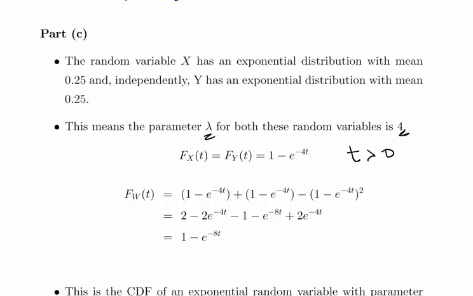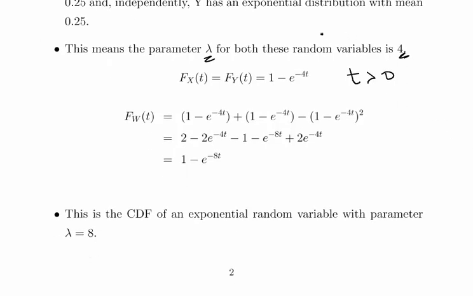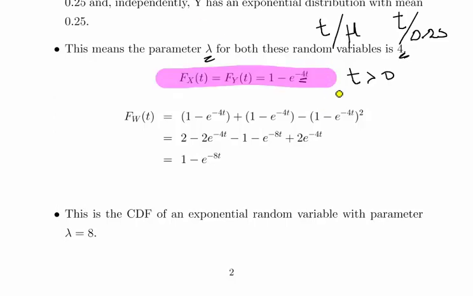And therefore, you can actually use t over mu if you want, which is t divided by 0.25, if you're familiar with that notation. T divided by 0.25 will give you 4t as well, just in case you're not familiar with that. Anyway, in brief, this is what we're given here.